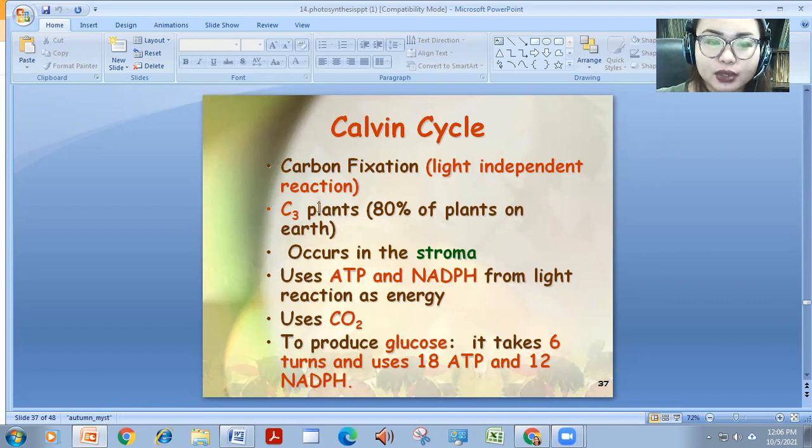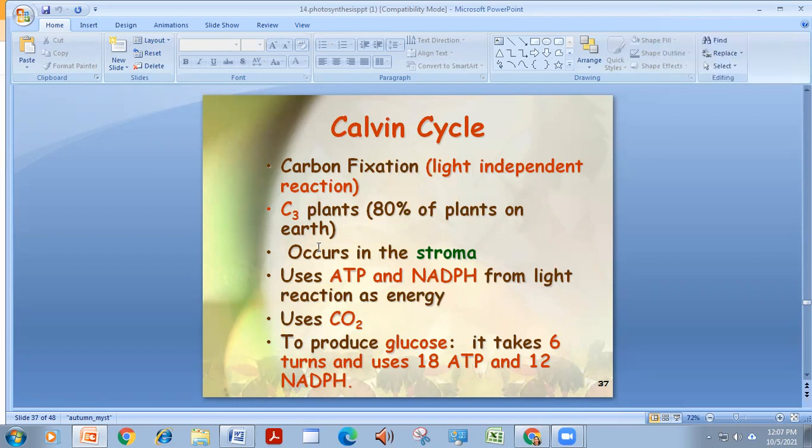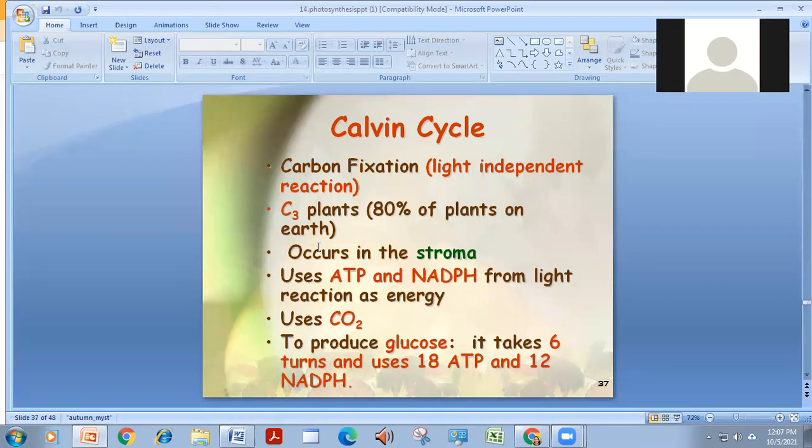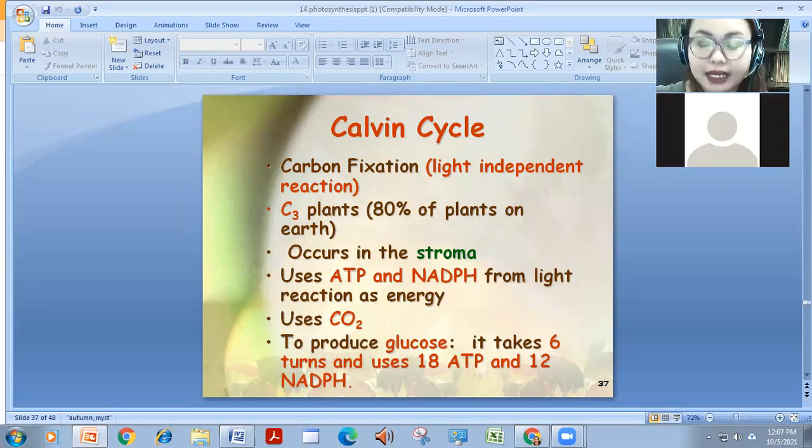So the normal Calvin cycle is done by all the C3 plants, which is exactly the same in most of our plants here.